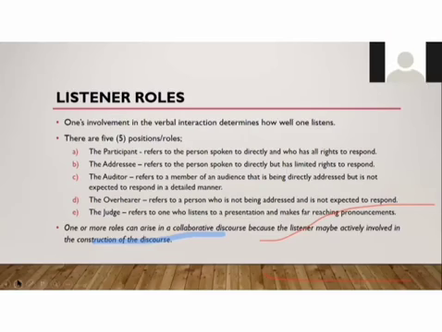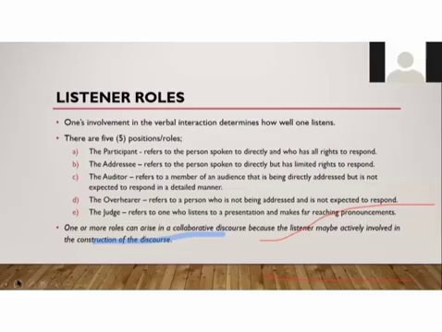The third role is that of the auditor. In the case of the auditor, it refers to a member of an audience that is being directly addressed but is not expected to respond in a detailed manner. And I think in our class, we gave the example of a bus full of passengers moving from one bus stop to the other, and the conductor asked who is getting down at the next bus stop.